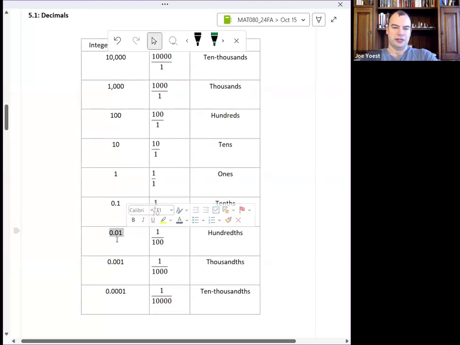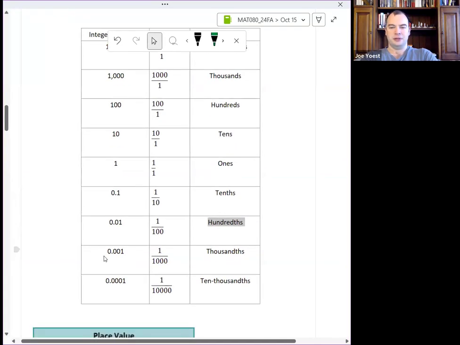Or 0.01, 1 over 100, is the hundredths place. Or 0.001, 1 over 1000, is the thousandths place. And 0.0001 is 1 over 10,000. It's the ten-thousandths place.